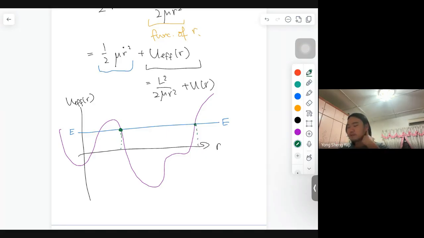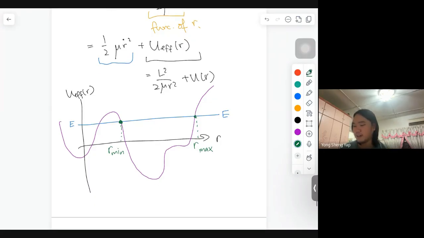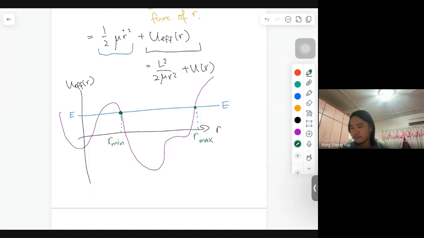So it's possible that the particle is undergoing motion that is stuck between two different positions, because at these points E equals the effective U.